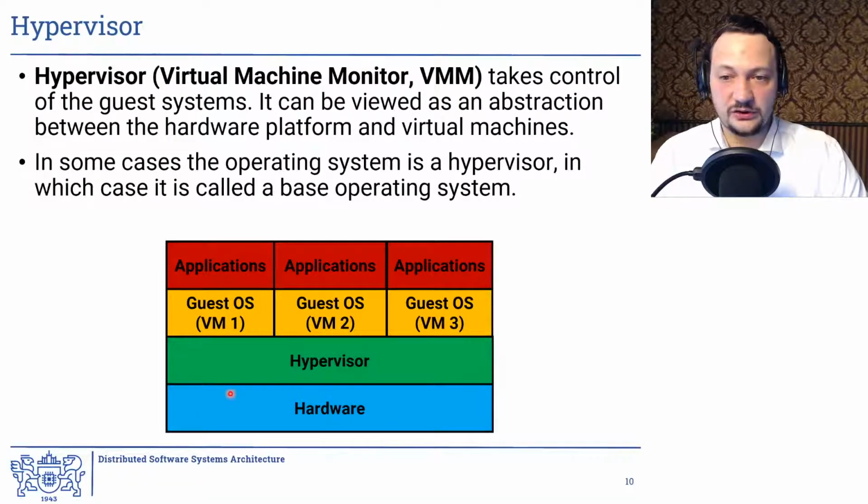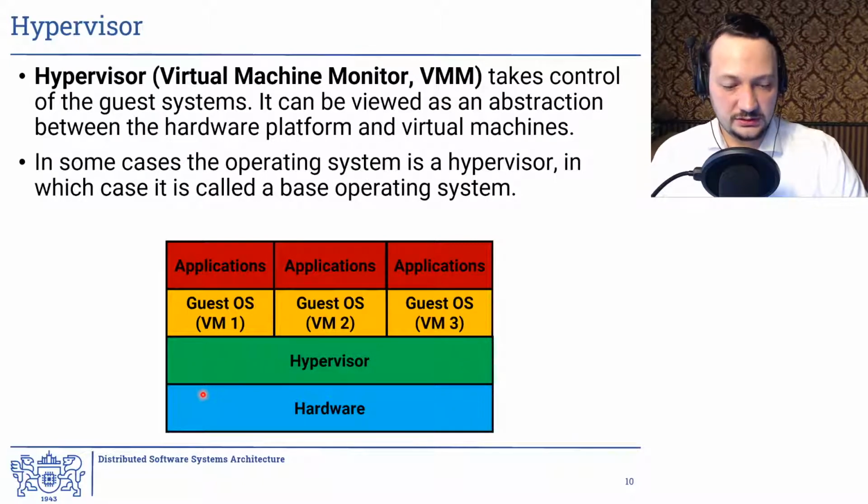On top of the hardware runs the hypervisor. If we talk about the server, the hypervisor is the only middleware software that runs between the virtual machines and the hardware.